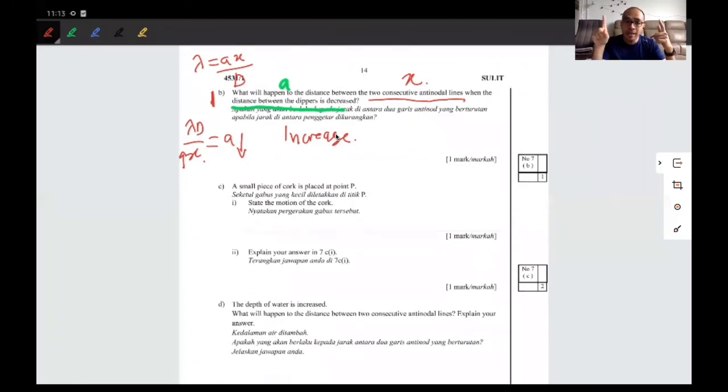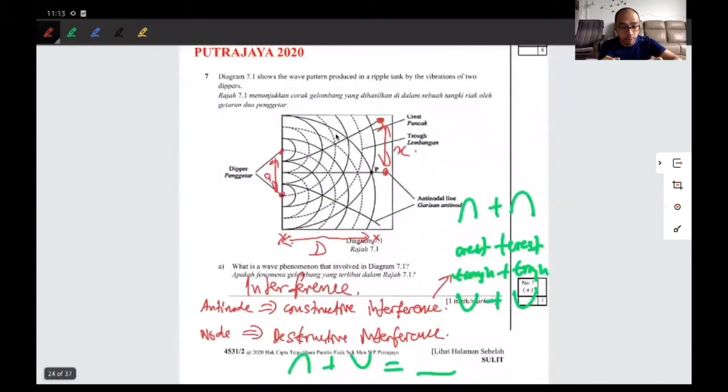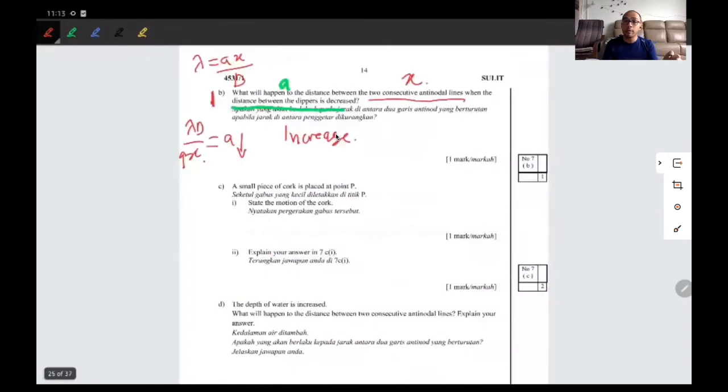The answer is one word, and it's one free mark, if you understand what the question is. The distance between two consecutive antinodal lines is X. Distance between the dippers. Distance between the speakers, if this is a sound wave, where I put the speaker over here and speaker over here. Same thing is A. This is a very popular question, popular in paper 1, popular in paper 2.